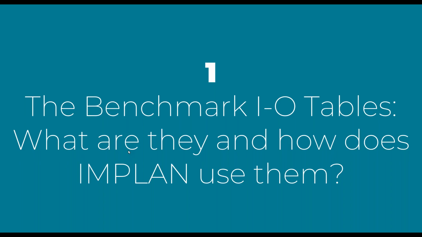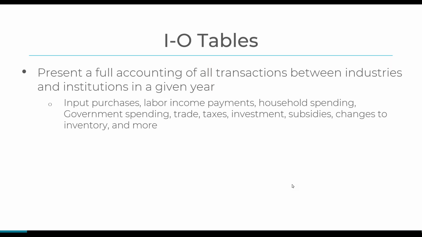Thanks for being here. So I'll kick off with just describing a little bit what the benchmark IO tables are and how we use them here at IMPLAN. The IO tables, so IO for input-output, as most of you probably know, present a full accounting of all the transactions that happen between industries and institutions in a given year.